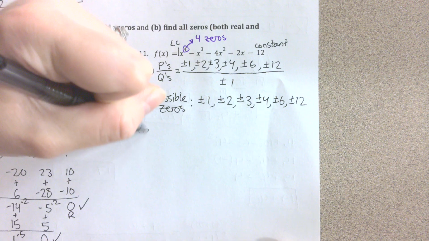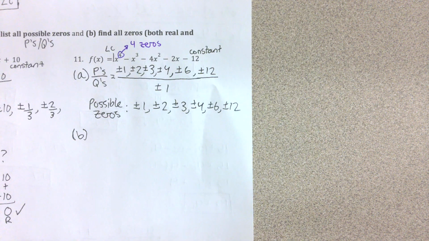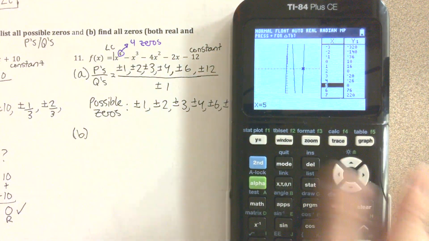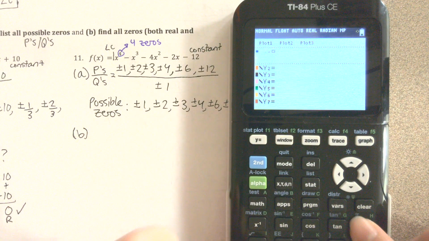All right, B. Let's find actual zeros. This is where we use the calculator to help us out. So again, type in that polynomial.